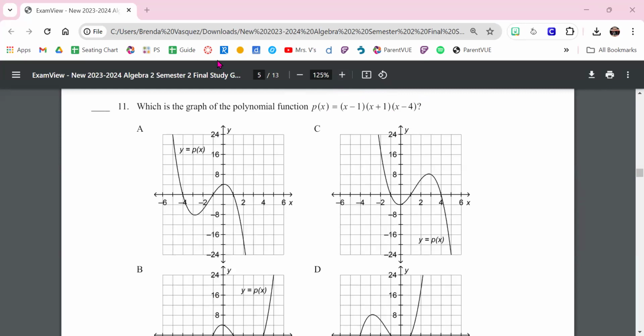In order for us to find the zeros, let's make each factor equal to 0. So we're going to make P of x equal to 0, and each of these factors equal to 0.